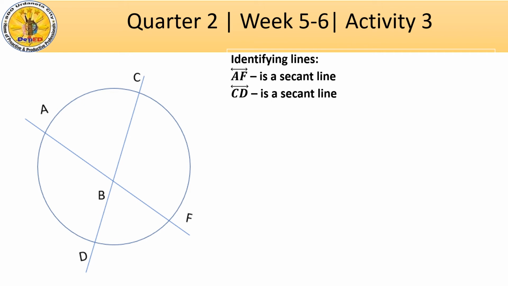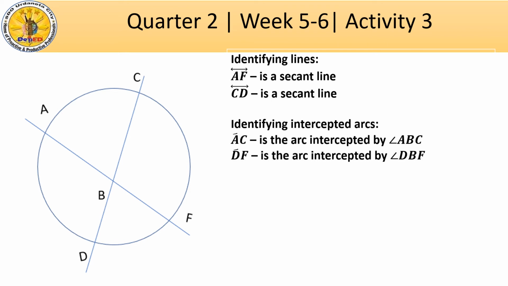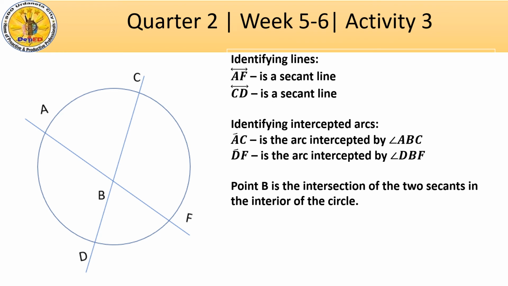Line segment CD is also a secant line. Arc AC is the arc intercepted by angle ABC. Arc DF is the arc intercepted by angle DBF. So the point of intersection of the two secant lines is point B. So interior means inside the circle.